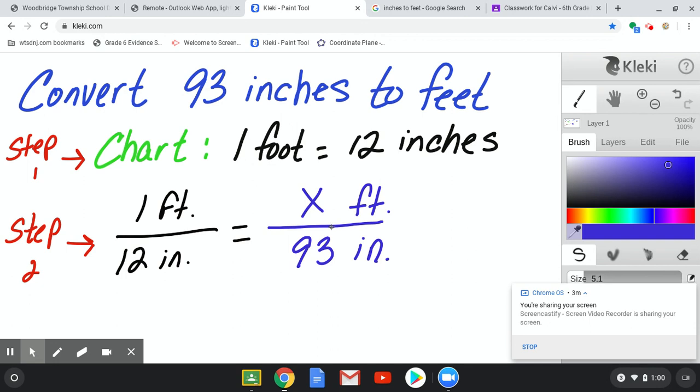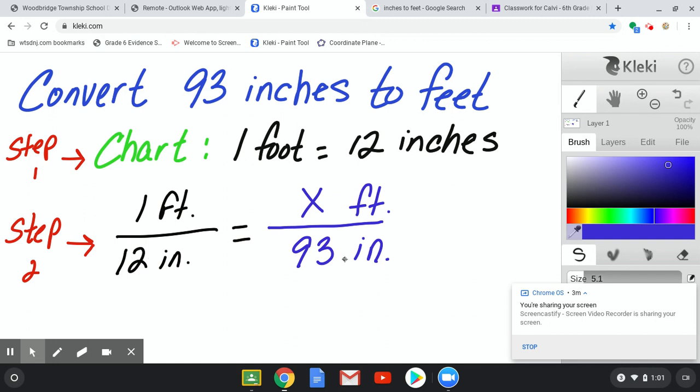Step 3 was using the information from the problem. So I just want to repeat. Step 1, go to the chart, look for the information, the units that we're talking about within the problem, inches and feet. Step 2, use the information from the chart to make up the first half of your proportion.